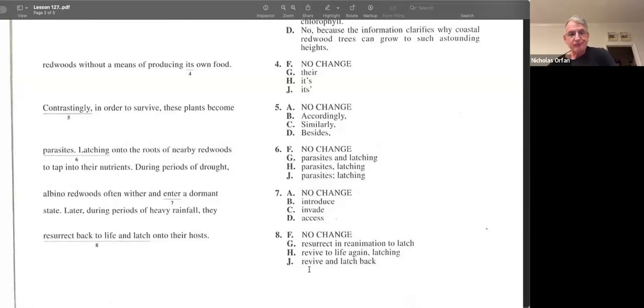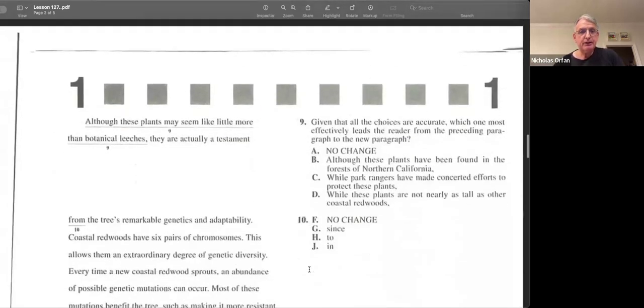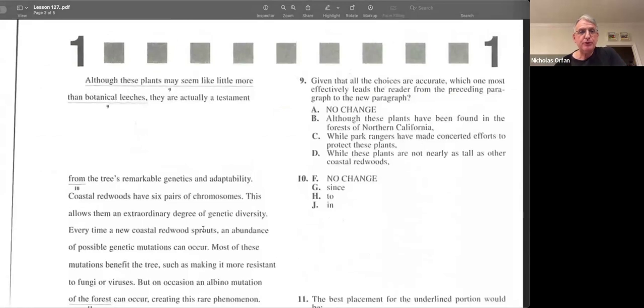Okay. Now we move on. Although these plants may seem like little more than botanical leeches, leeches being bloodsuckers that are parasites, they're actually a testament from the tree's remarkable genetics and adaptability. A testament is made to something.